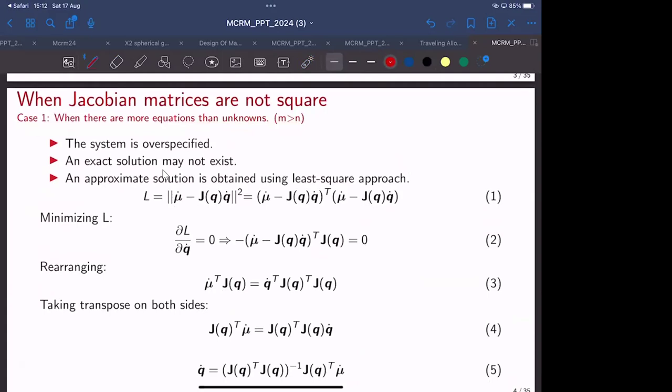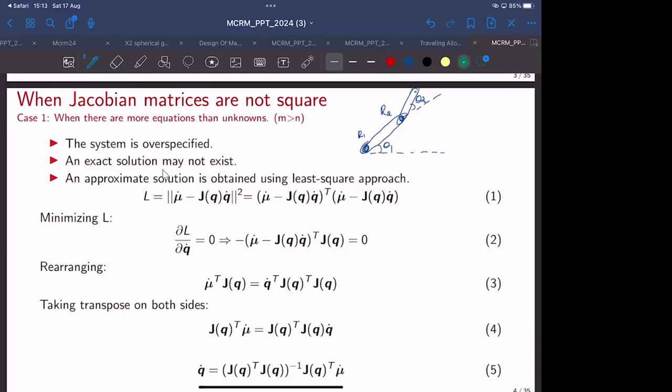For example, if you have a robotic manipulator, like this 2R robot, I'll call this R1 and this R2. The inputs that you can have are theta1 for the first revolute joint and theta2 for the second revolute joint.